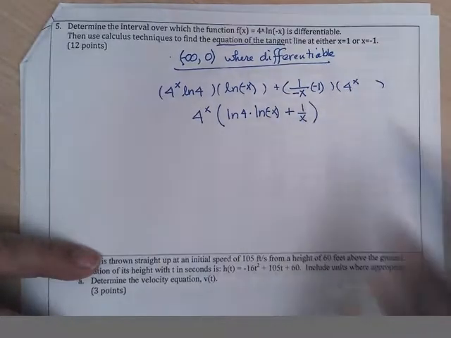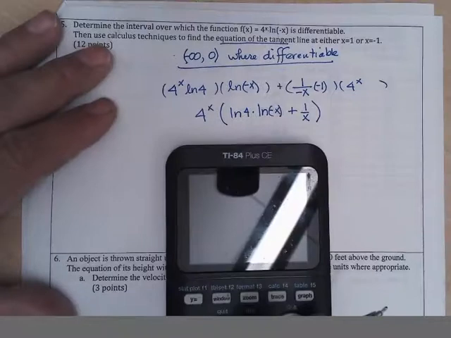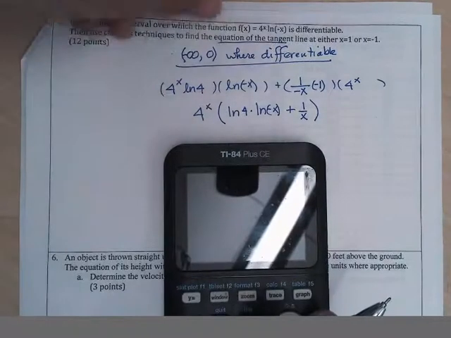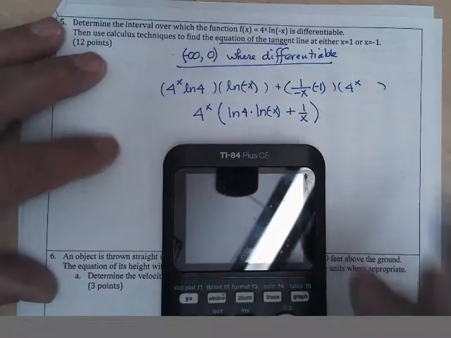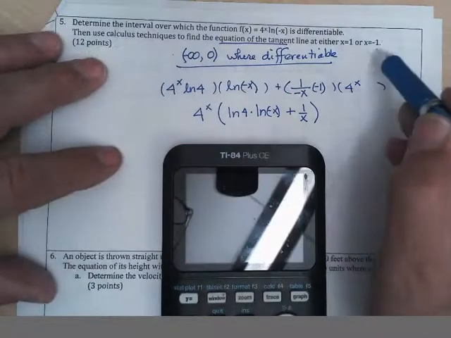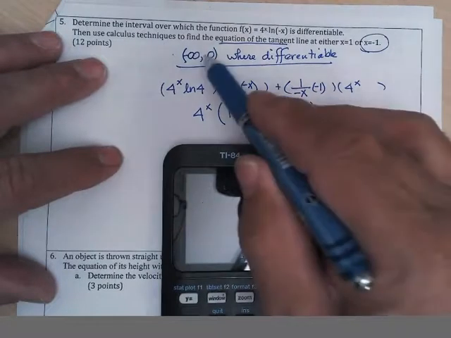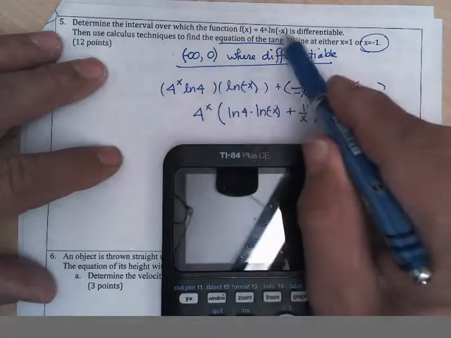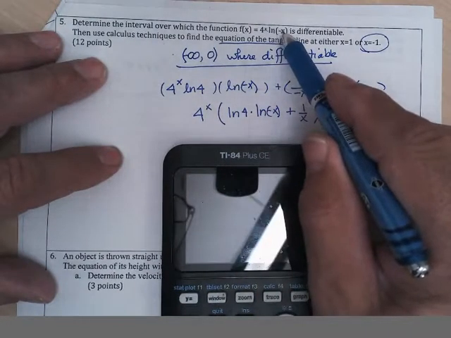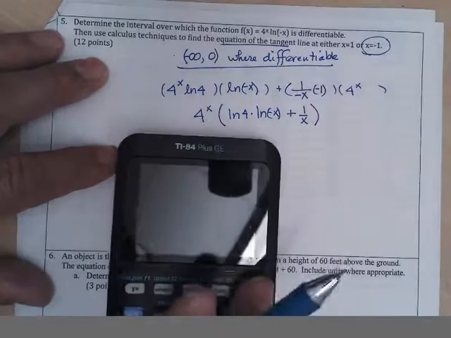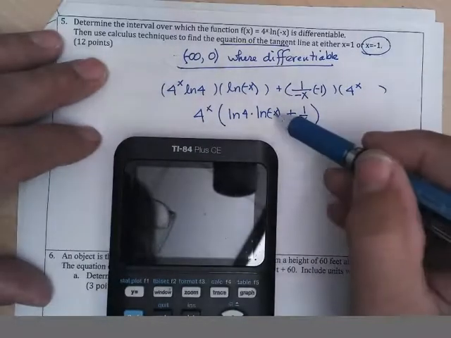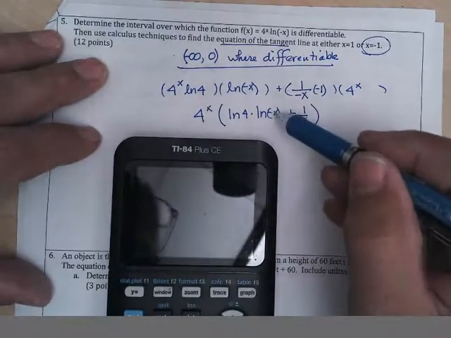And so we can plug into this at either 1 or negative 1. Well, we can only do the negative 1 because ln only exists at negative 1. So we can't put in the 1. This would give us ln of a negative number. Can't do it.